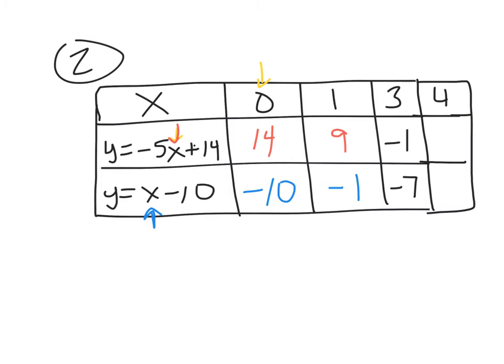Negative 20 plus 14 would be negative 6. My fault. Because 20 minus 14 is 6, and it's a negative 20. All right, so let's plug 4 in the bottom one. 4 minus 10 is negative 6. Hallelujah. So we have our point: 4 comma negative 6.